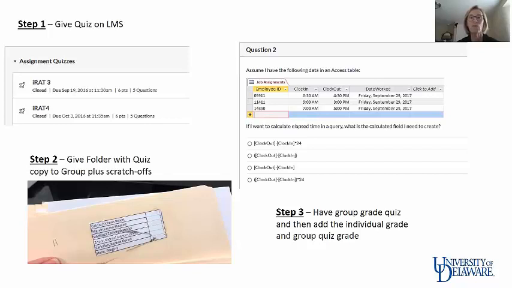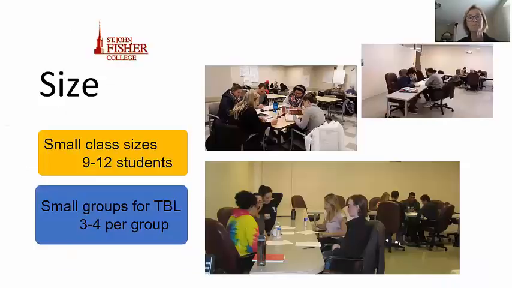Now we'll find out what a smaller school with a smaller size does. Lauren? So St. John Fisher College is a small liberal arts college, and in the College of Arts and Sciences we actually have rather small class sizes, especially at the upper level. So I might have as few as 9 to 12 students, and that means that our TBL groups are very small, sometimes as small as 3 to 4 per group.